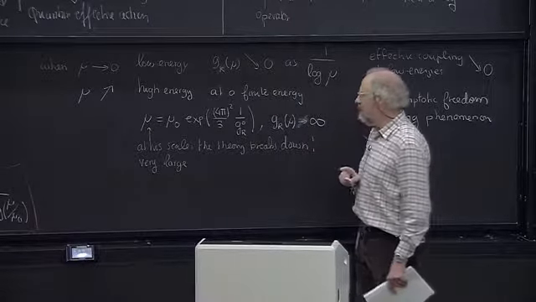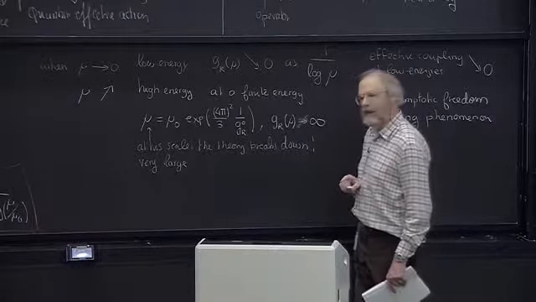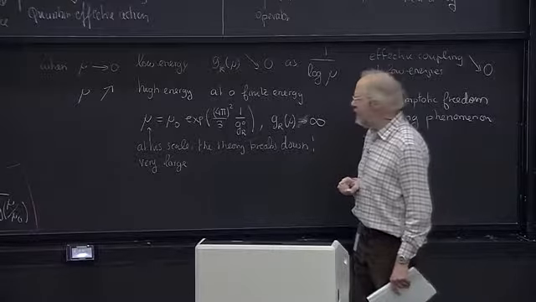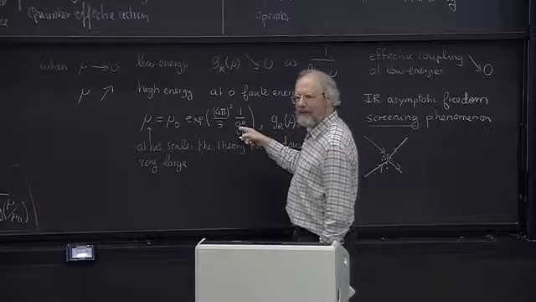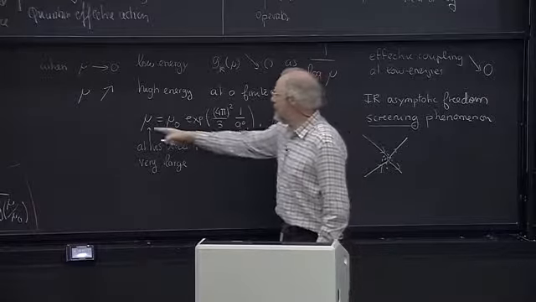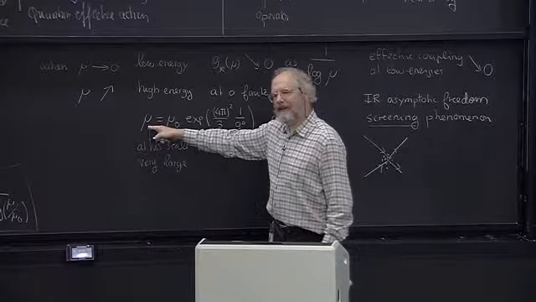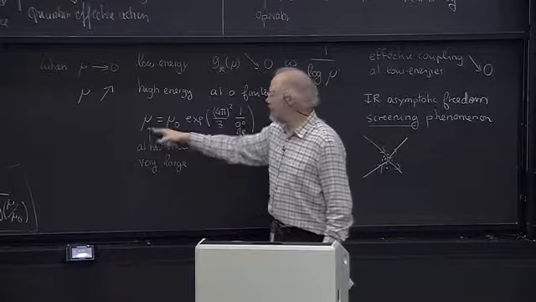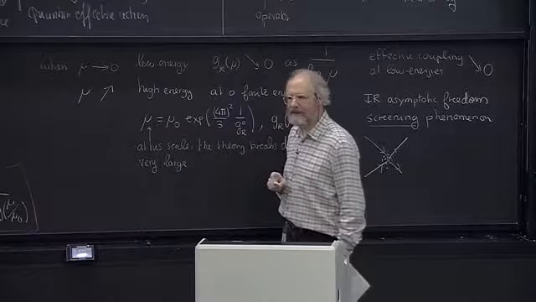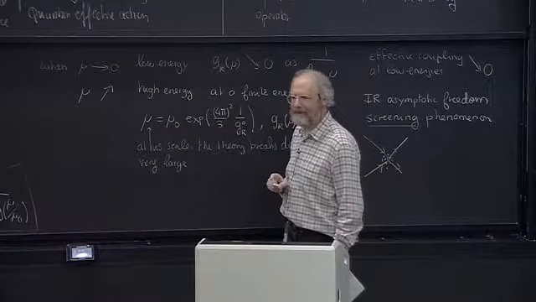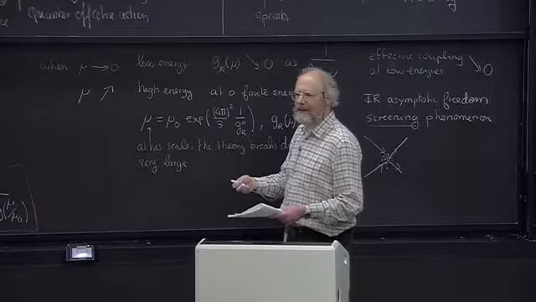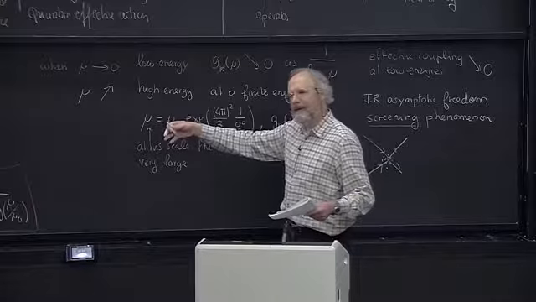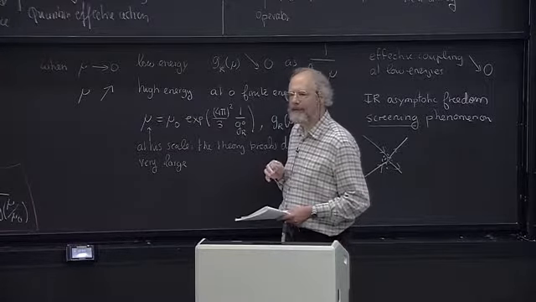You cannot see this problem in perturbation theory, because this scale is something that you cannot compute in perturbation theory. It involves exponential of 1 over g. So in some sense, the corresponding length scale is infinitely small in perturbation theory.